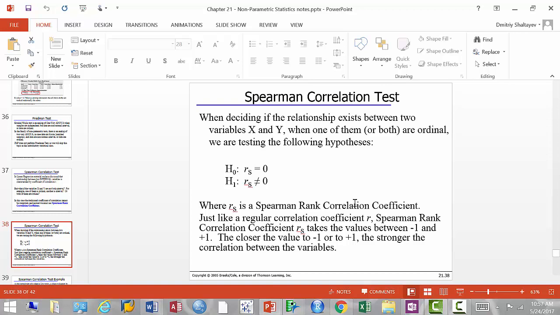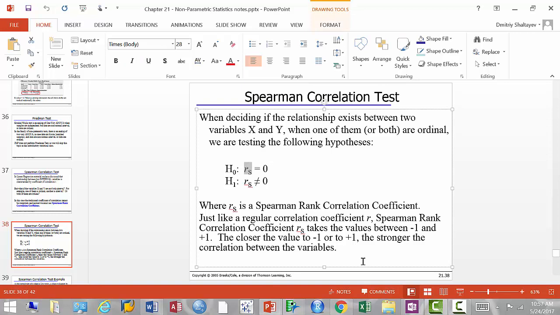To distinguish the Spearman coefficient from the traditional correlation coefficient, we give it a subscript r. Other than that, it basically has the same interpretation as before. The Spearman correlation coefficient is anywhere between +1 and -1.